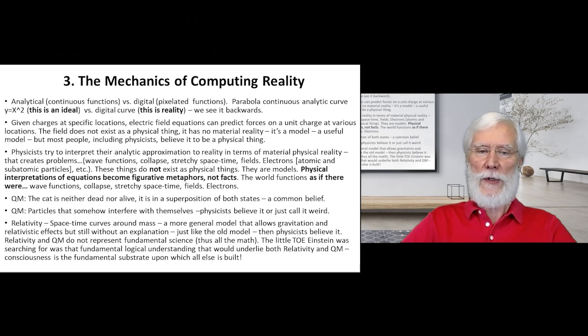Both of them are just models made up, okay? No explanation, just like the old model. But this model actually is better because it allows us to compute more things. It allows for gravitation, it allows for relativistic effects, but still, there's no explanation about why space-time would do that.